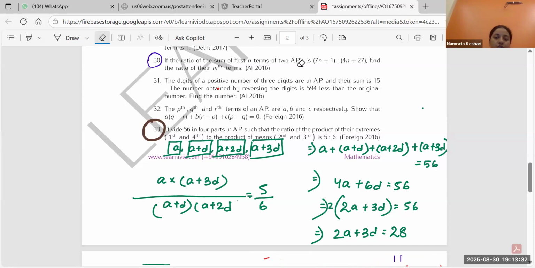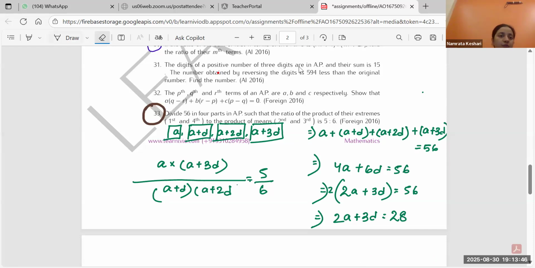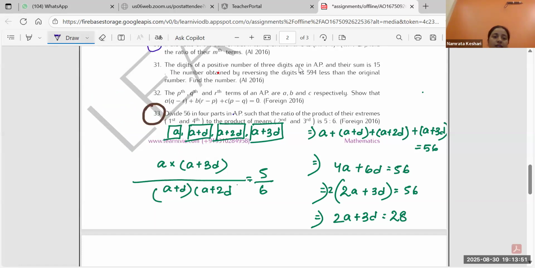So one equation is 2a plus 3d, and we are just expecting one more equation so that we can solve for a and d values, and then we can say what the four numbers are. So we will do crisscross. Here we'll be having a multiplied with a plus 3d, and 6 will also come over here, and 5 is there, all multiplied with a plus d, a plus 2d.